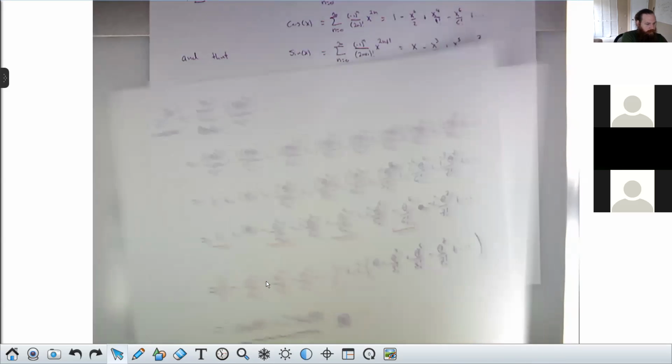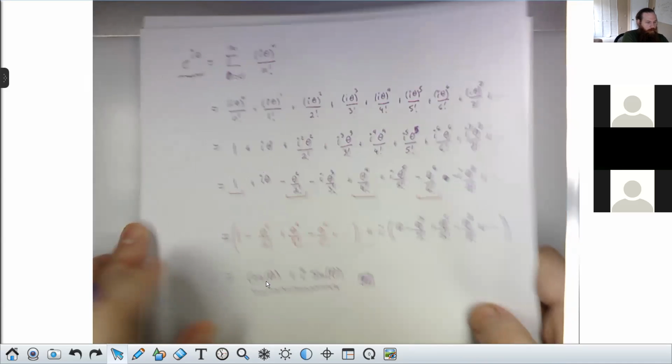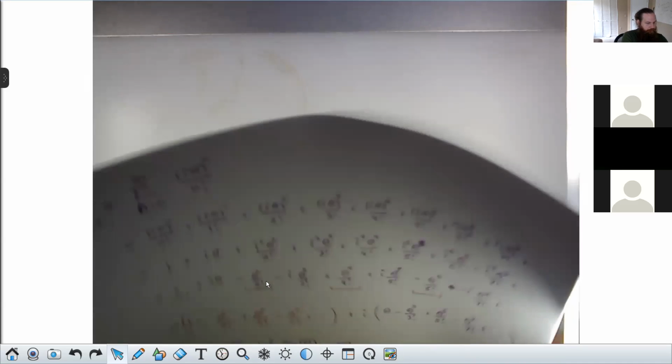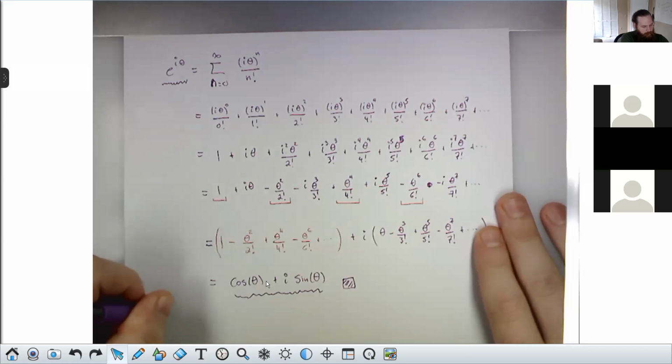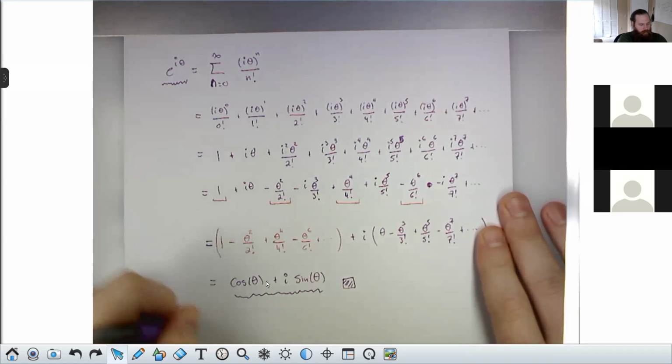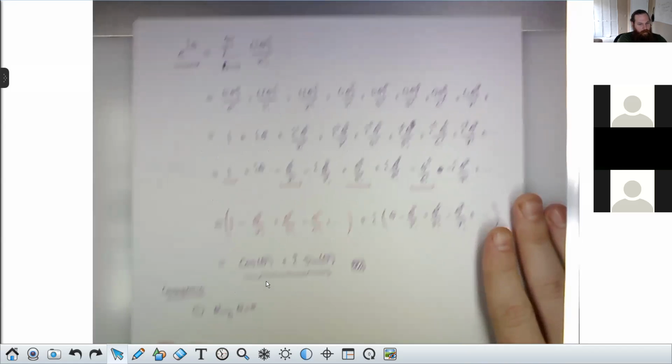One of the most famous consequences of this, which is called Euler's identity, if we plug in theta equals pi, you may have noticed throughout the semester, a few days, I wore a shirt that said something about e to the i pi.